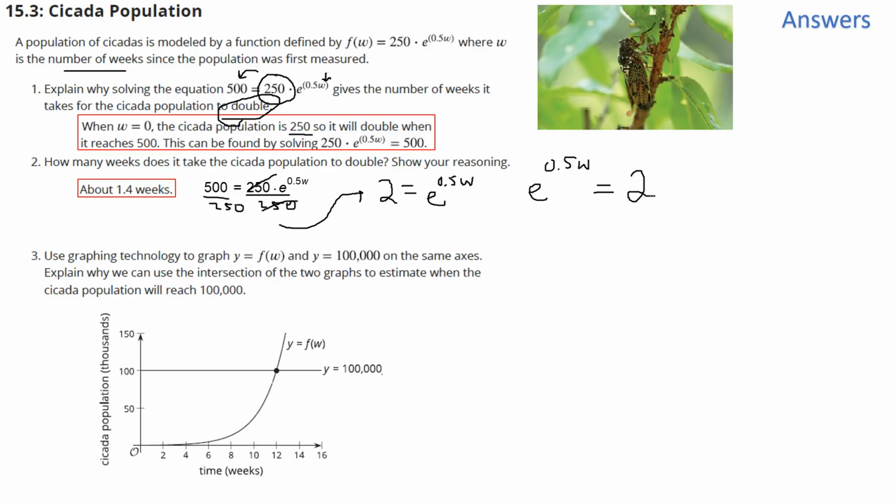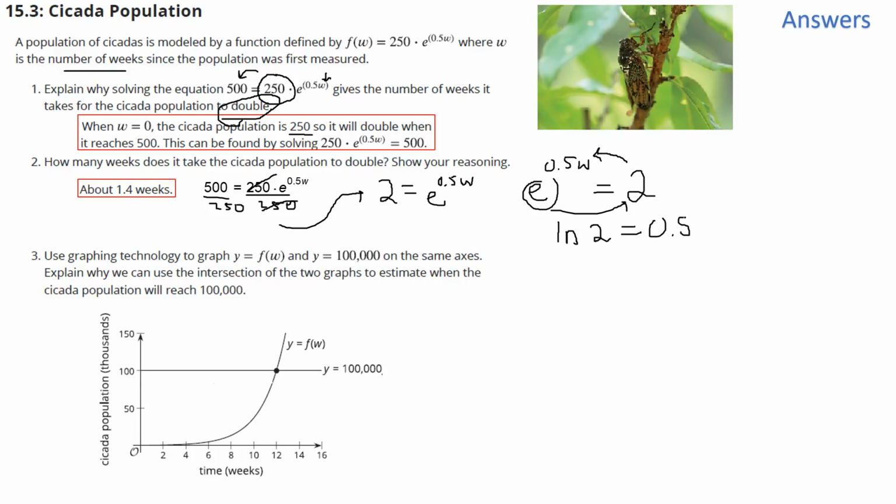The reason why I like doing that is because the transition from an exponential to a natural log would be a lot easier. So this is your base, so we're going to write natural log. This is what goes inside the natural log, and this exponent is what it's equal to, 0.5w.